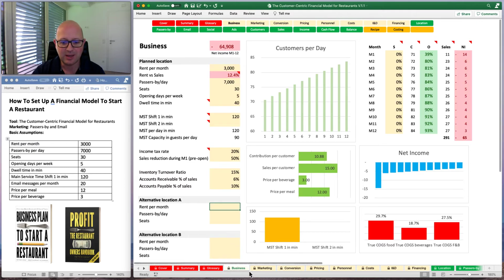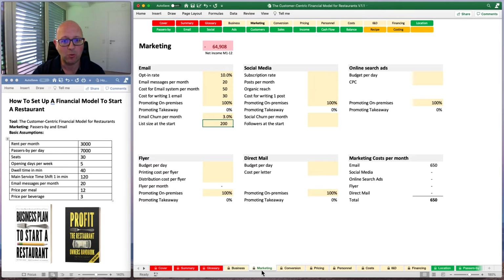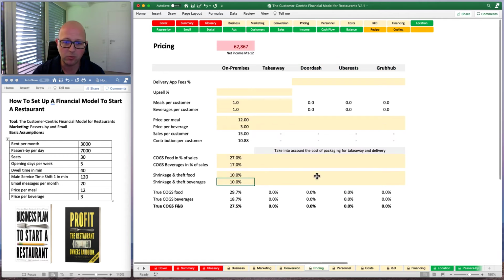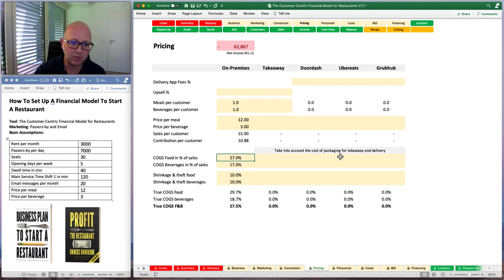So now let's say we go to marketing, and we say our email marketing is a little bit better than 1%, it's 1.1%. And we go to pricing and we say, okay, instead of 27%, we will find 25%, and we have the goal to reach 15% in COGS.